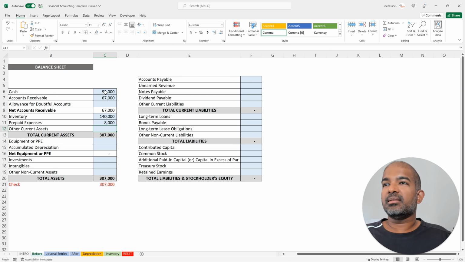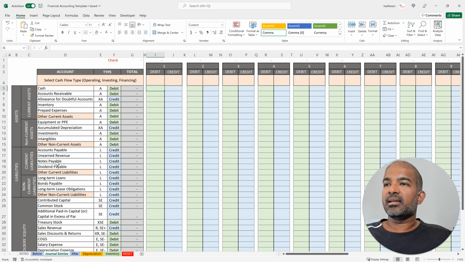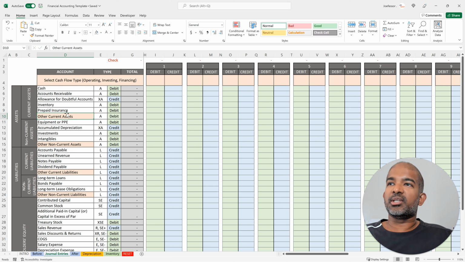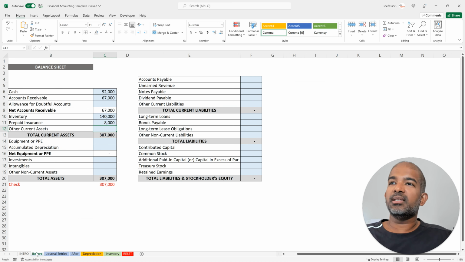This 8,000 prepaid expenses, I'm going to rename as prepaid insurance, so in all the sheets it appears as prepaid insurance. The changes in the name of the account, you need to do in the journal entries sheet. You can see that it's reflected here.